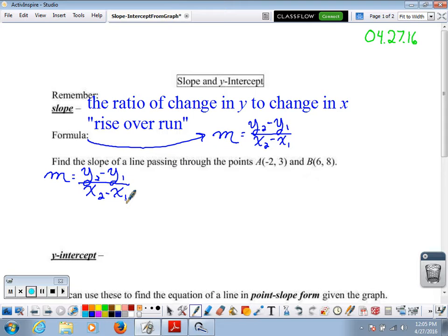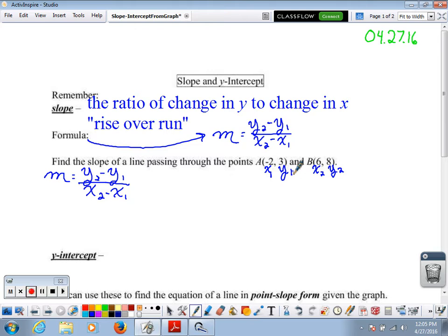We want to label those points with those variables. So negative 2 would be x1 and 3 would be y1, and 6 would be x2 and 8 would be y2.